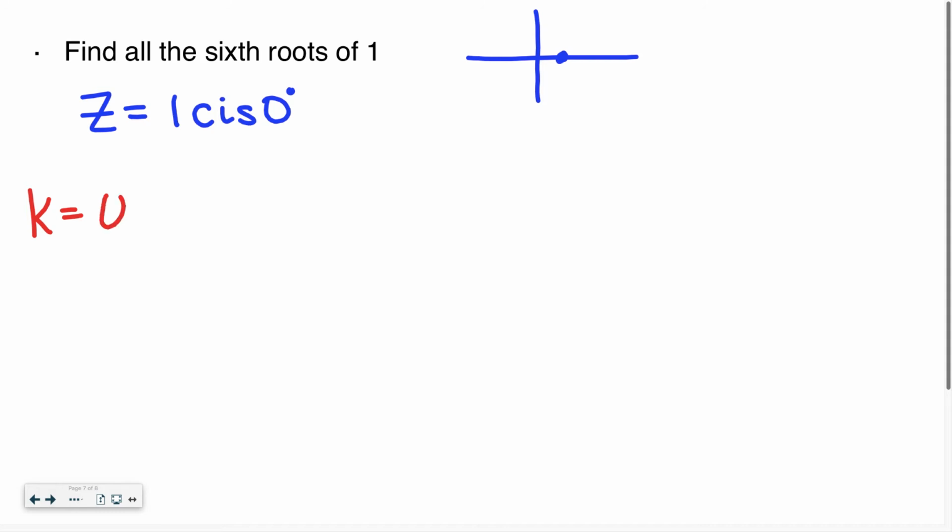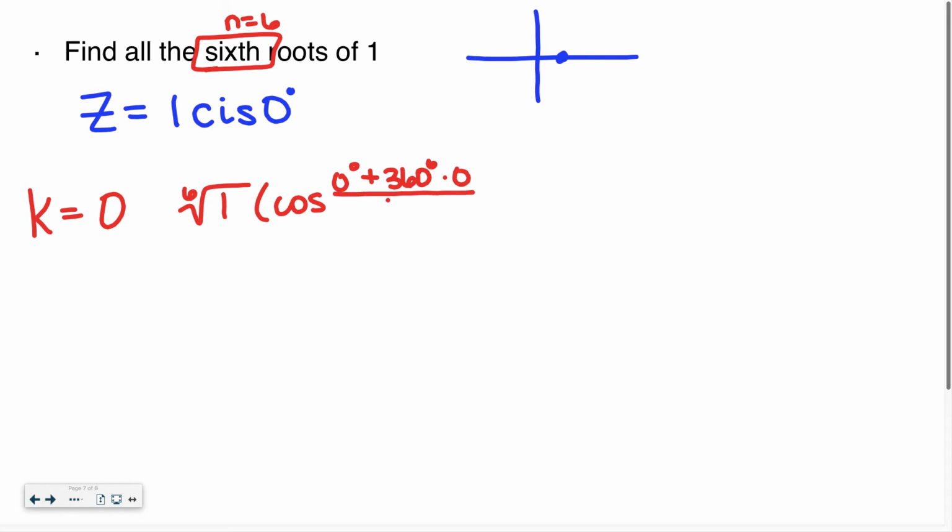So, we will start with k equals 0. Since we're finding the 6th roots, we know n equals 6. So when we apply this formula, we need to write the 6th root of r times the cosine of our angle plus 360 times k over 6.